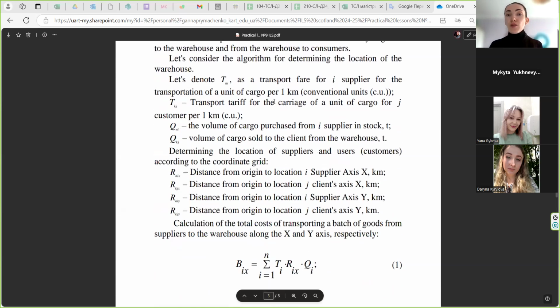Notice transport tariff, but we don't rewrite here every parameter, so it is the transport tariff from our manufacturer to warehouse. The next parameter is R with index EX. We can also find it with different indexes, but we need to know that it is the distance from our manufacturer to warehouse. So we can define.